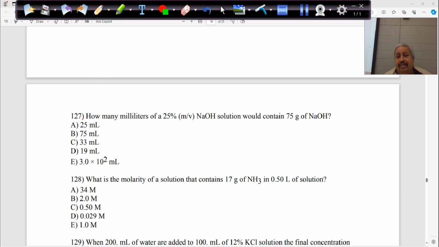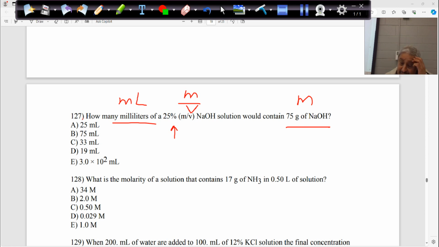How many milliliters of 25% mass over volume sodium hydroxide solution would contain 75 grams of sodium hydroxide? So I need the volume. And this is mass over volume, and I have the mass.